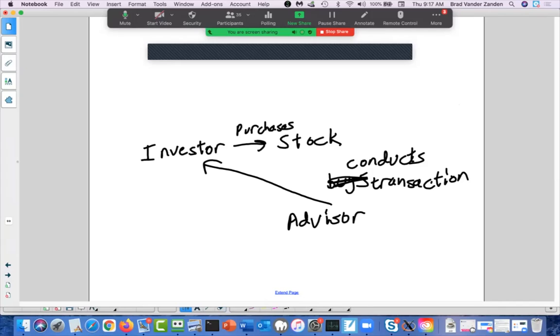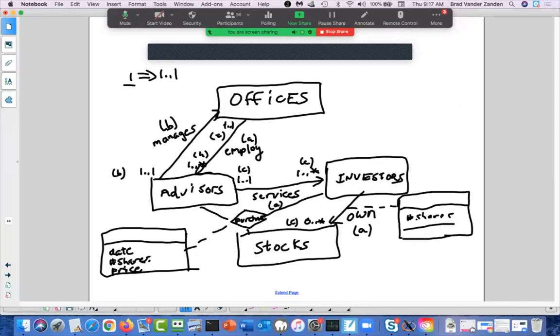It would be misleading because it's not two binary relationships, but instead it is one three-way relationship where an advisor purchases stock for an investor. So that is what is going on here.